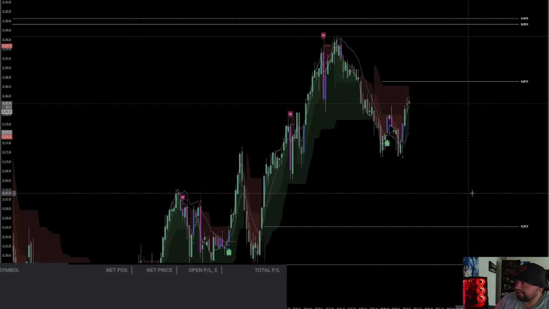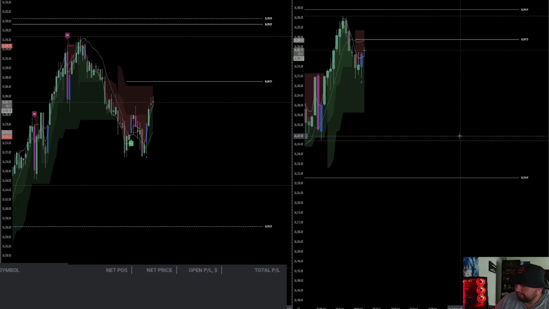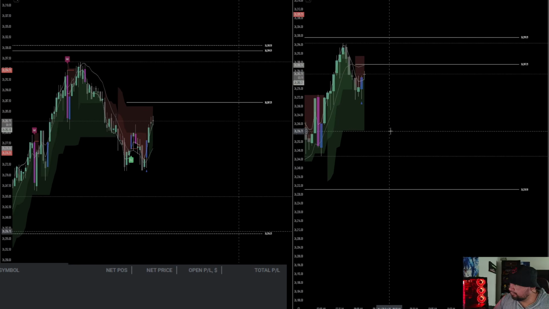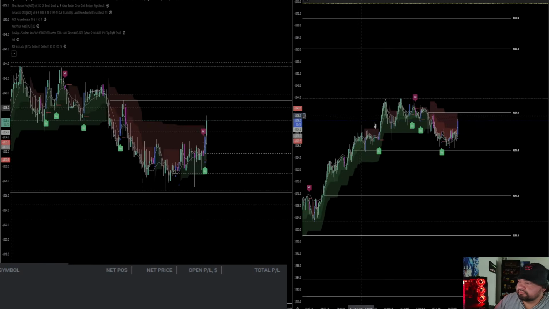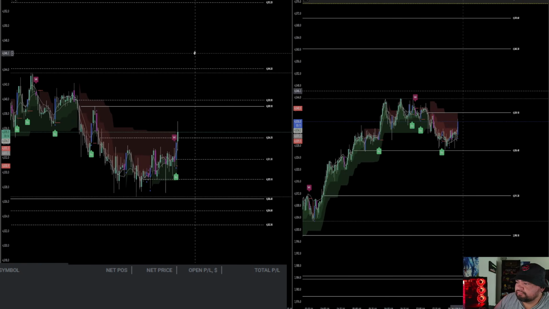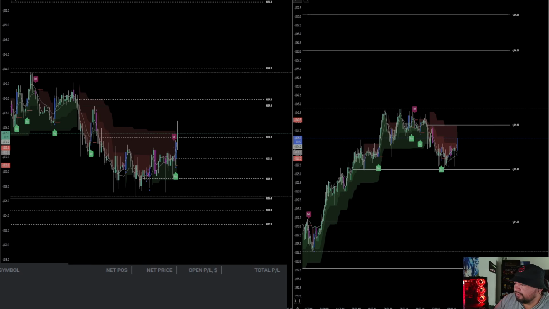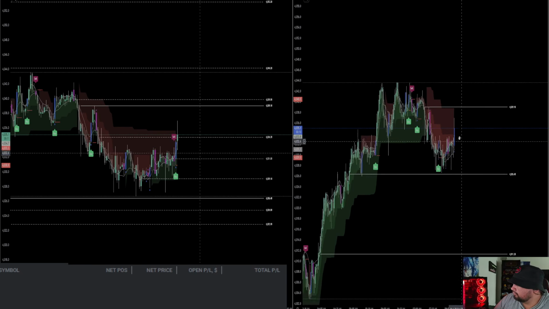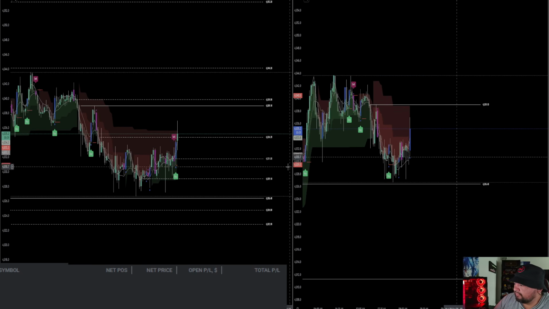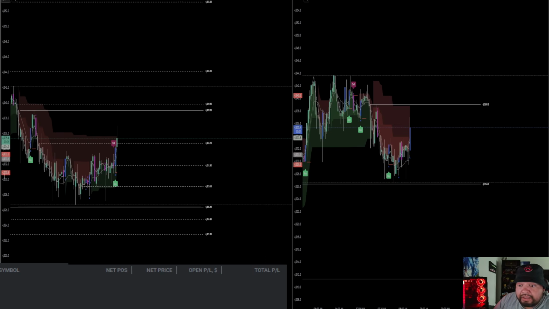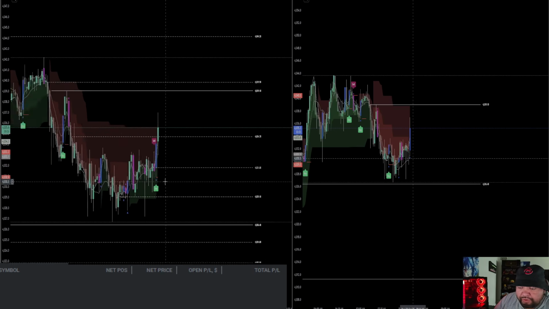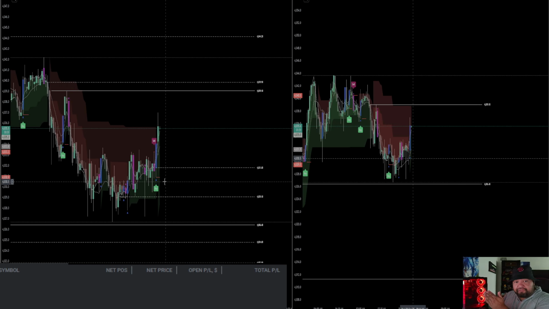Now, before I start answering some questions, let me go to gold. Okay. Gold, the exact same thing we just went over with NQ, but the 1 and the 2. Those are the two time frames that create these levels that hold, right?